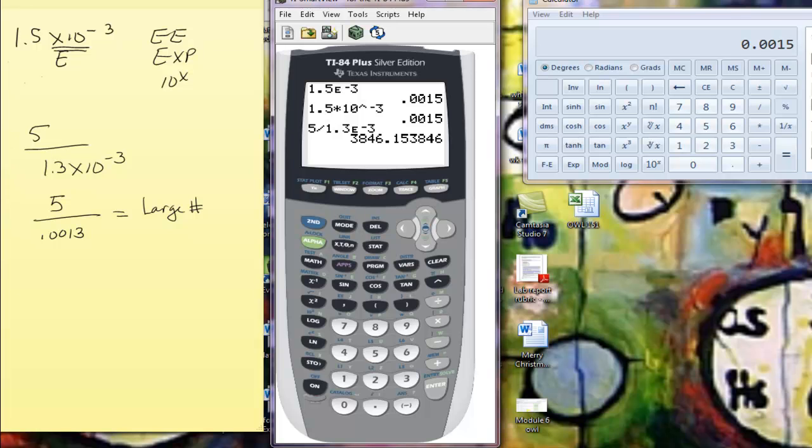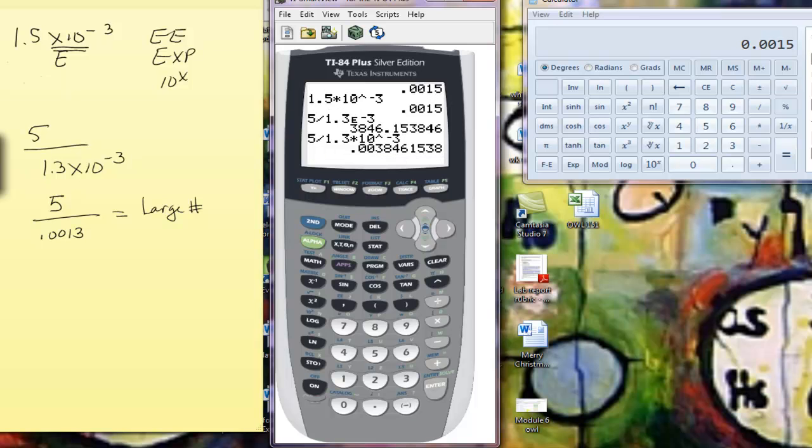But suppose I use the second way that I put in, suppose I actually use the times 10 and up key. So if I take 5 and divide it by 1.3 times 10 up minus 3 and push enter, you notice my number doesn't look anything the same.